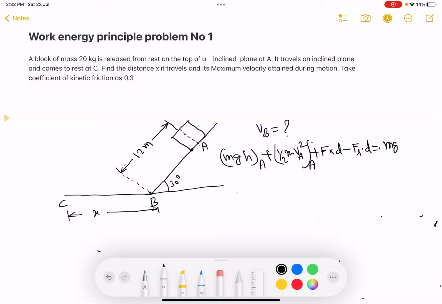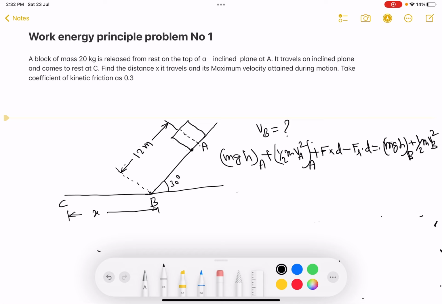So I'll write mgh at B plus kinetic energy, which is half m VB square, right? Of course there can also be spring energy, but there is no spring here.